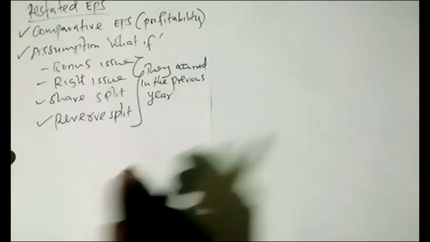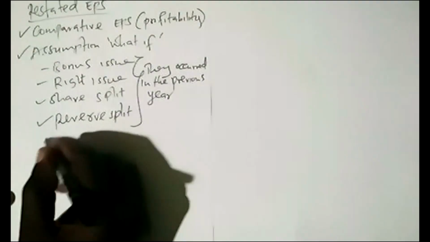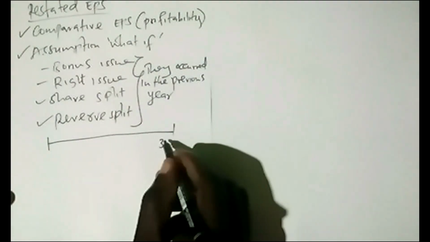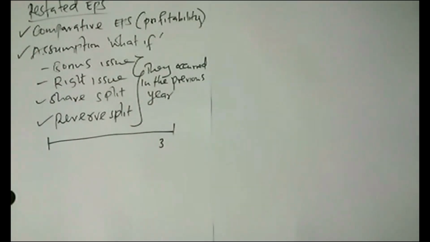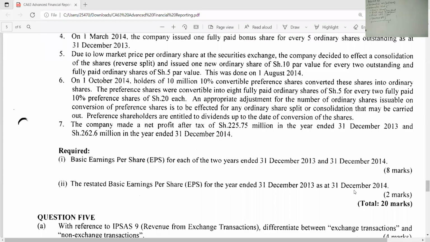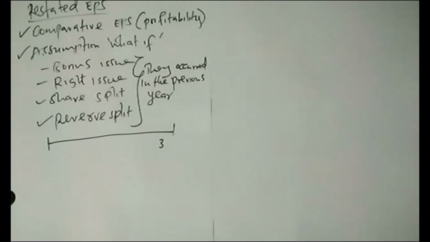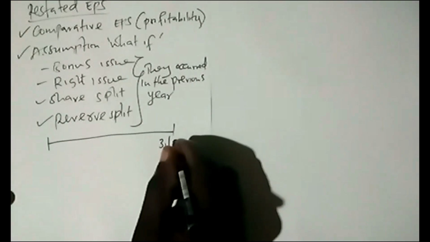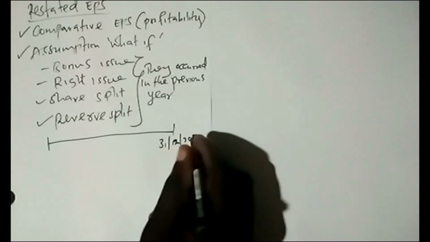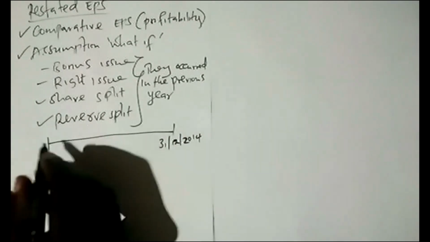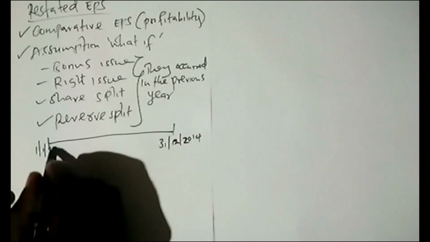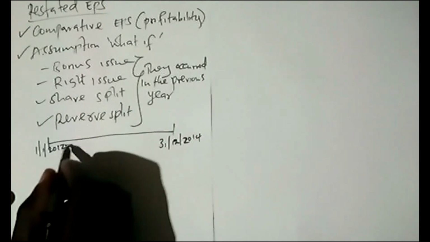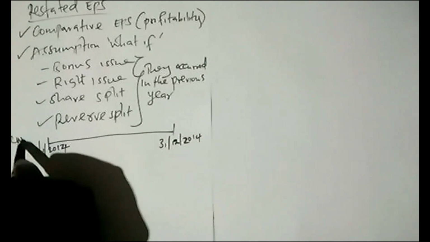Like now, our financial year ends December. We have 2 years. The current year is 31st December 2014, according to the question, which means our financial year starts January 2014.